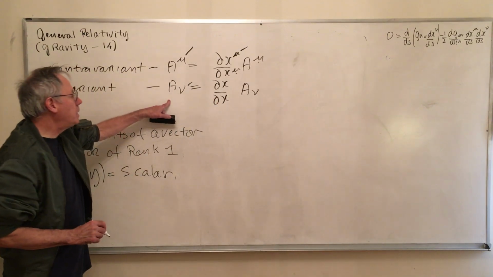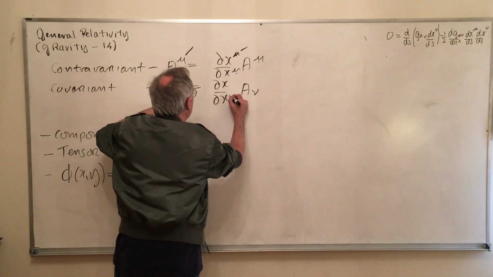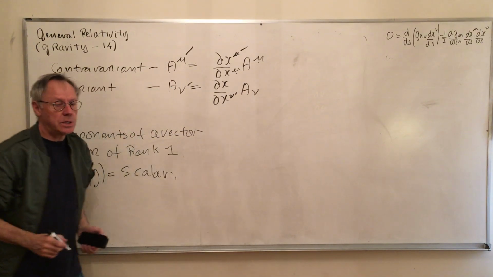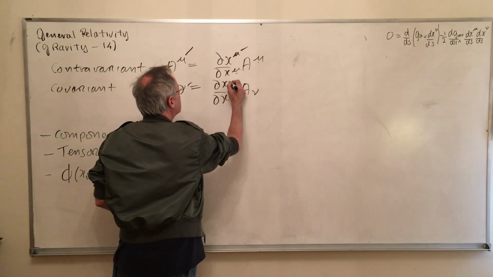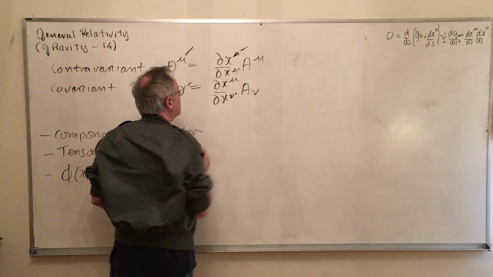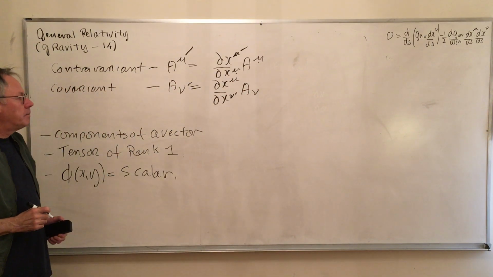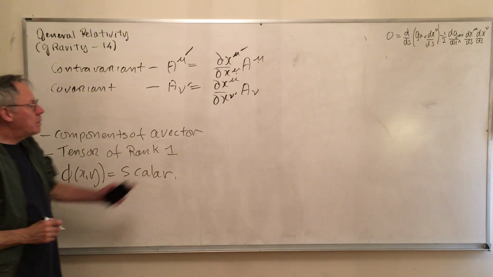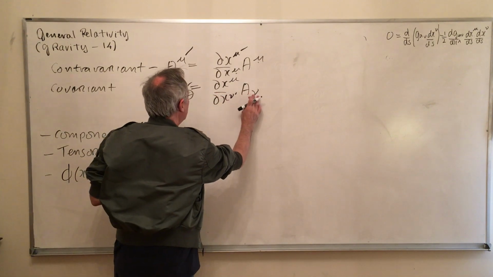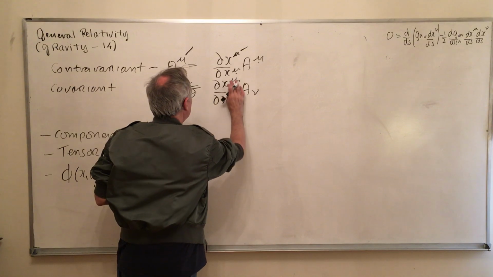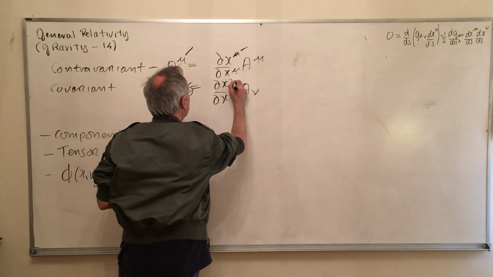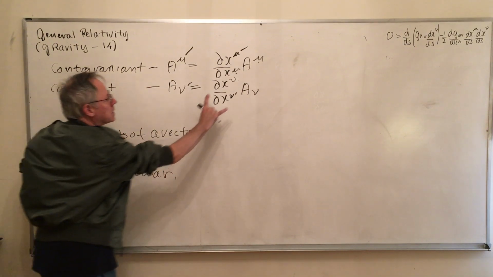How does the covariance situation look? Well, we go downstairs. The free index is downstairs. And we look at the inverse functions. X nu, right? And we sum over these. Sorry, I'm not doing this right. Let's do the nu. We sum over the free index nu.